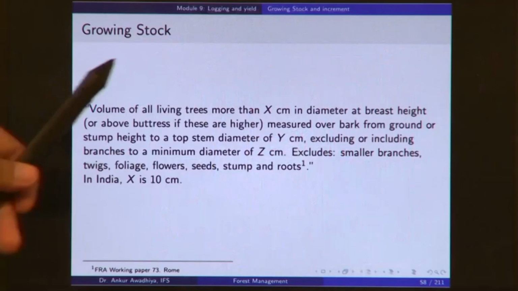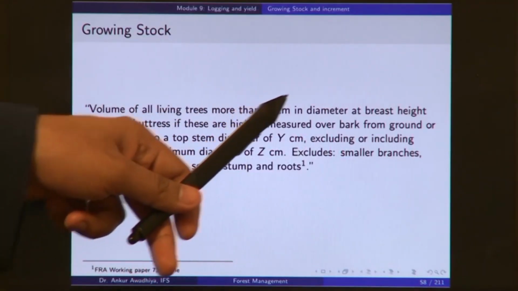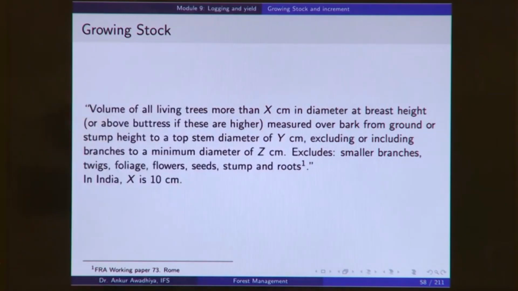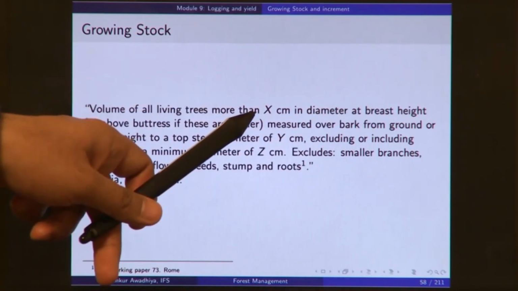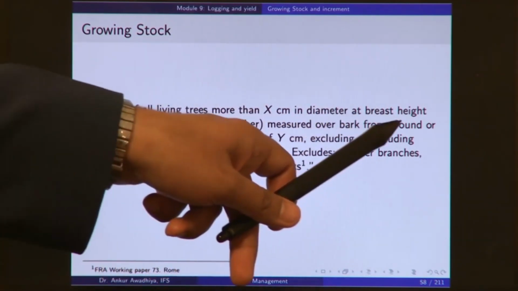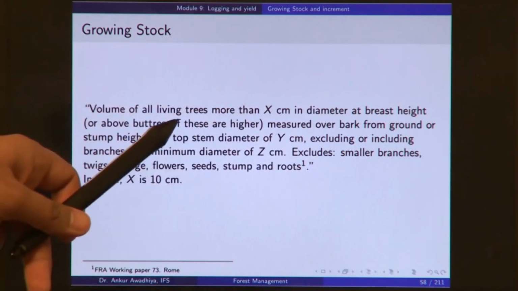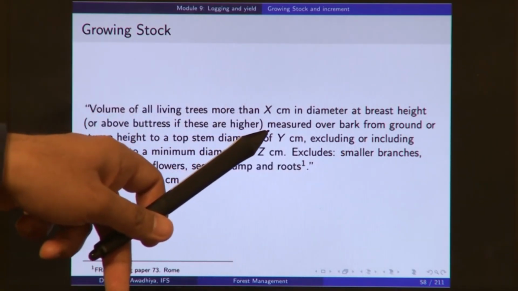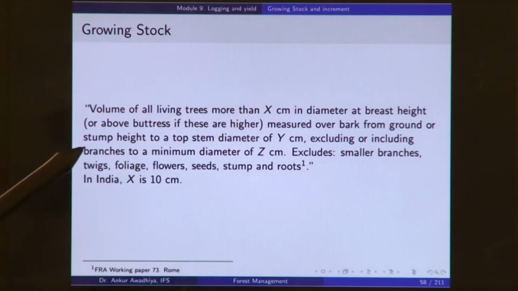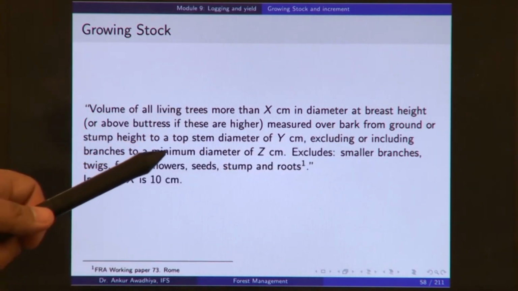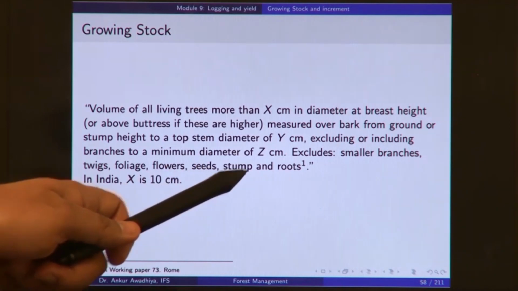So, volume of all living trees more than x centimeter in diameter at the breast height, so removing the smaller stems, measured over bark from the ground or stump height to a top stem diameter of y centimeter, excluding or including branches to a minimum diameter of z centimeter. So, it excludes the smaller branches, twigs, foliage, flowers, seeds, stump and roots.